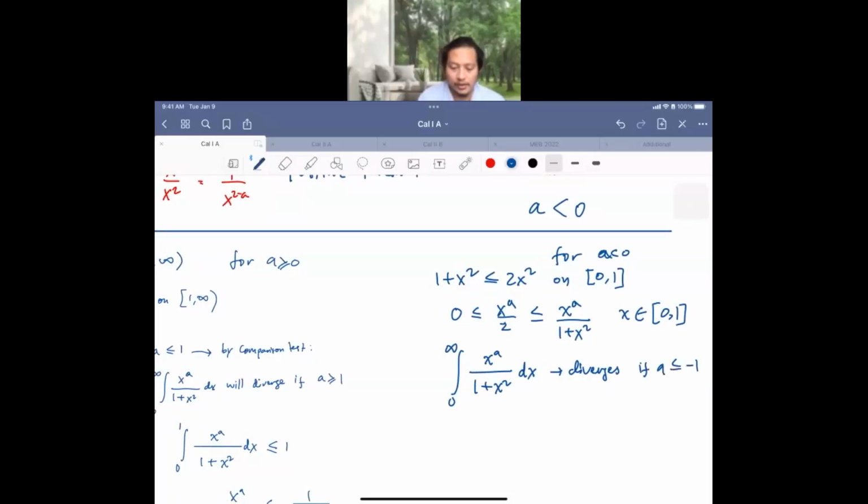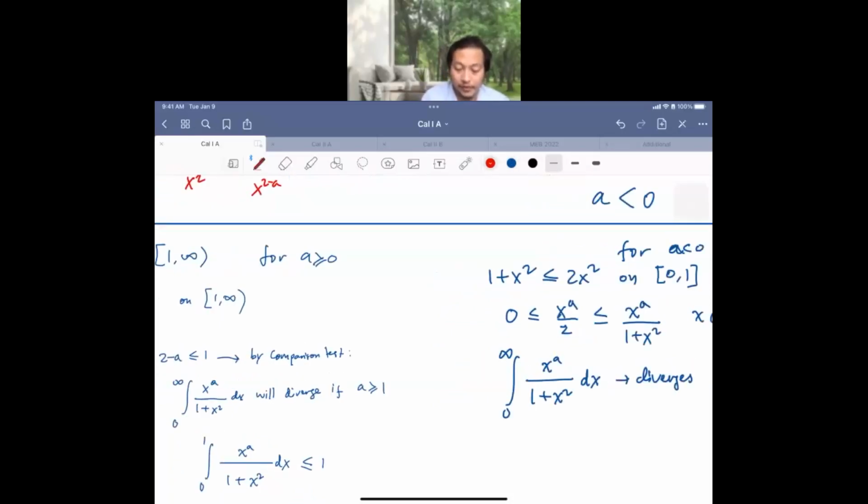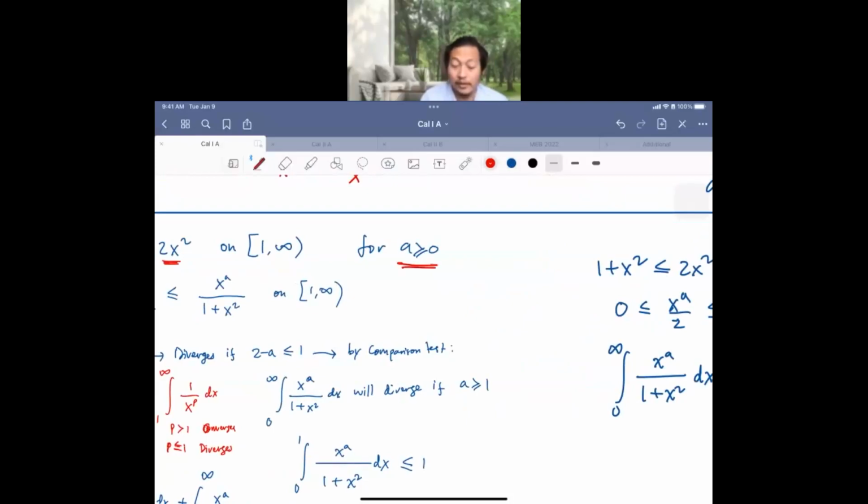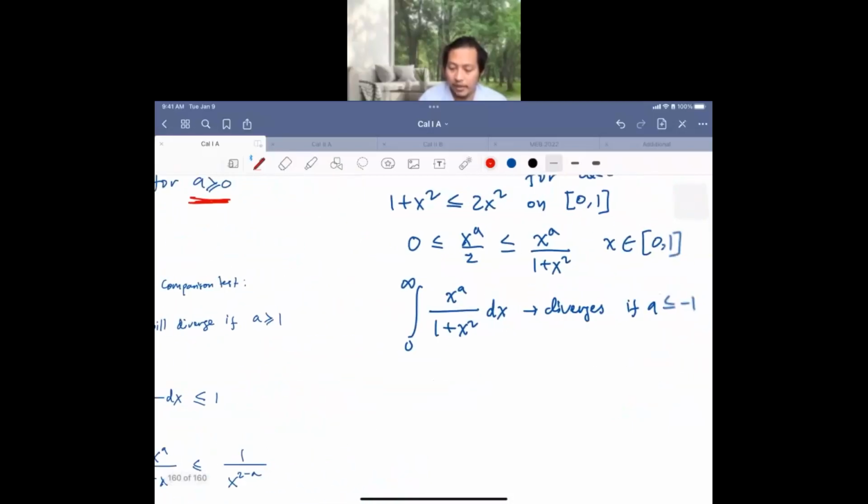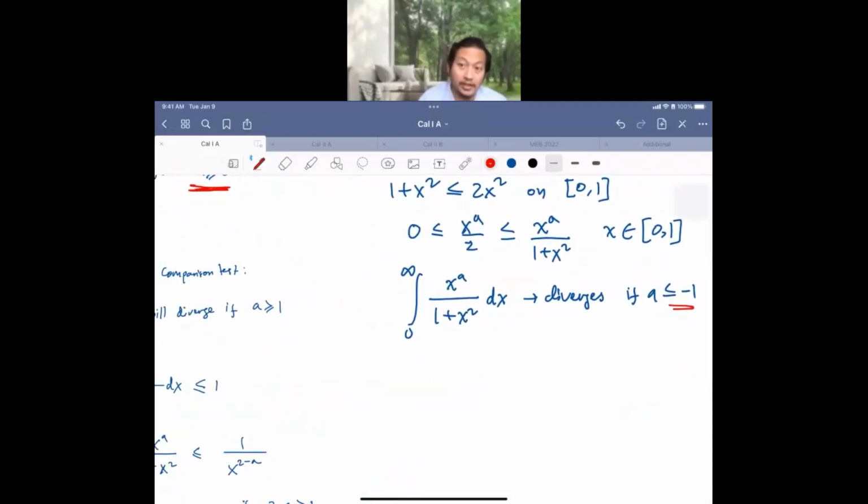Okay. So of course, the previous one is a is positive. So a is positive, I think it's easier to see. But when it's negative, you will see a counterpart. The counterpart should be having less than or equal to negative 1. So you have a negative in the a.